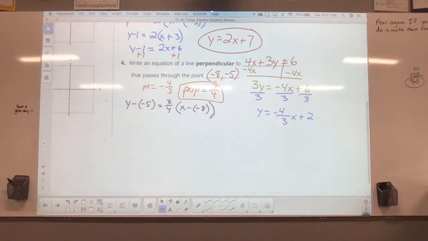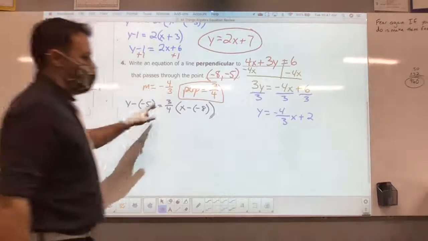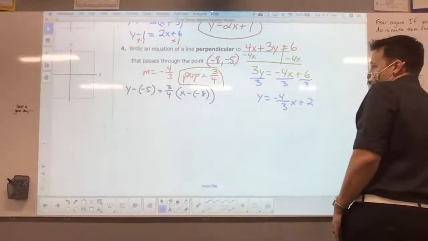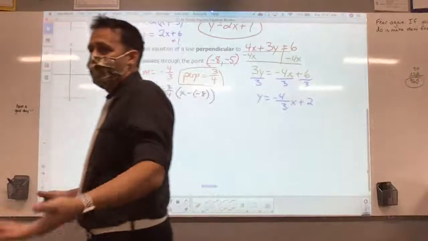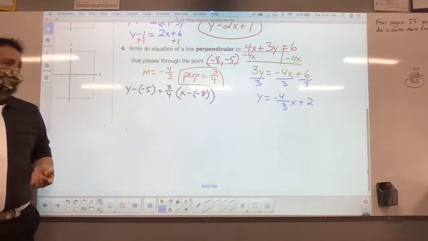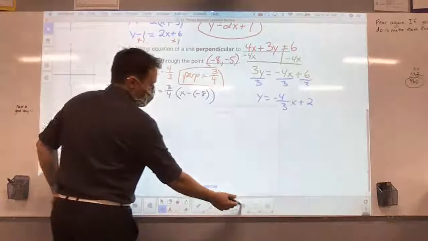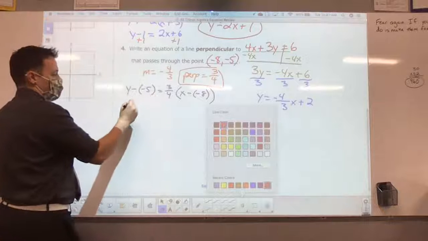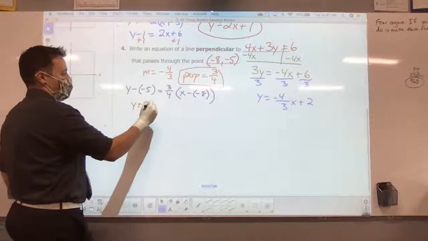The problem is that a majority of you aren't getting this part right. You're messing this part up, and then your whole equation's gone, and you get the wrong answer by one tiny mistake. Now you can rewrite it if you want. It's y plus 5.